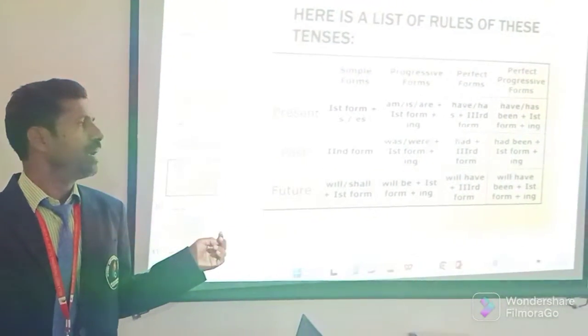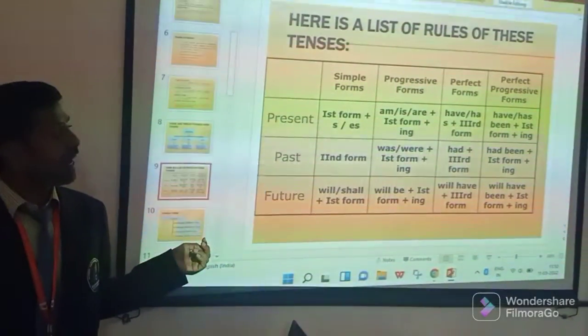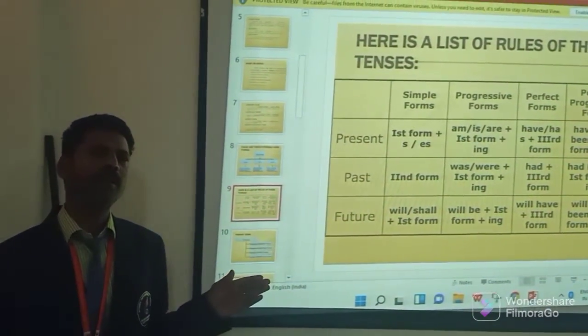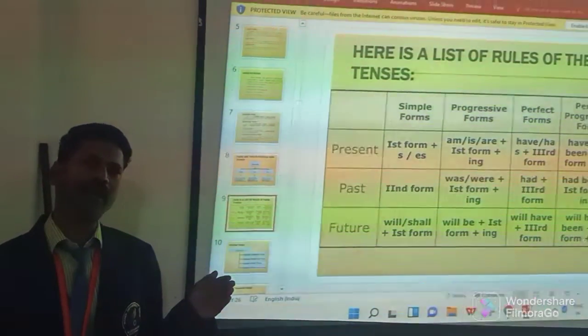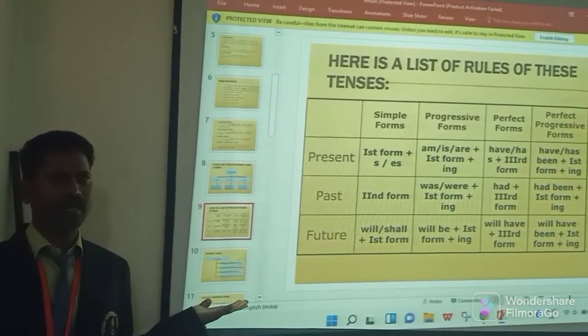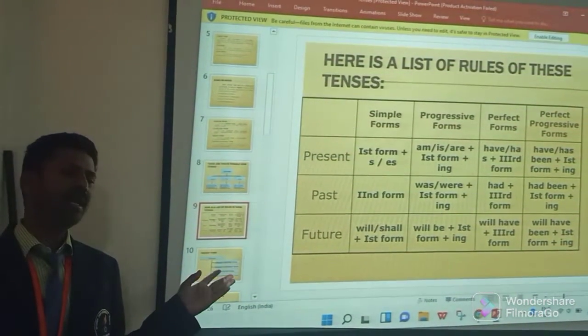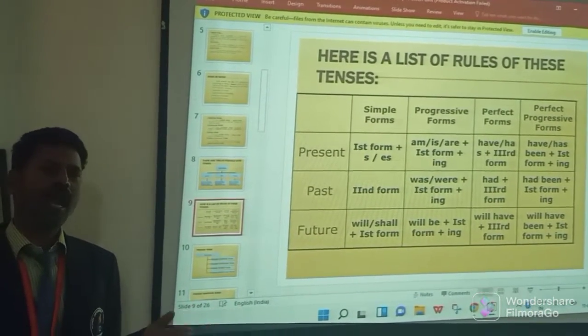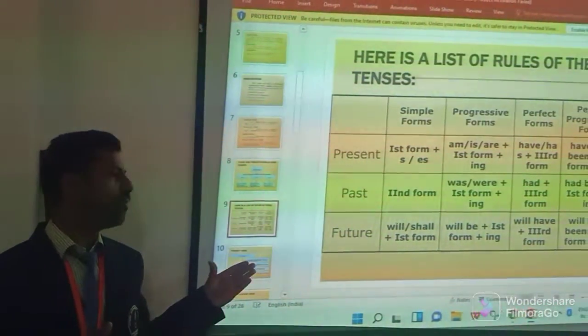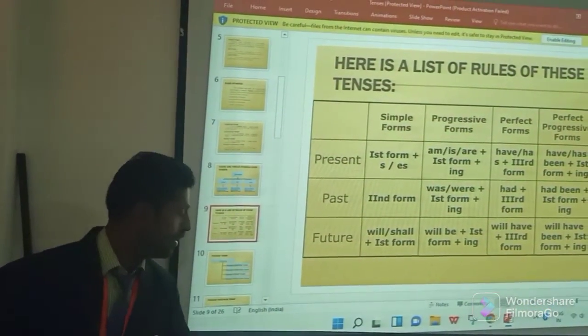And I will have been studying in America from 2003 to 2005. We can say that because the continuous action can happen in the future. So we can say such types of sentences in the future perfect continuous tense.